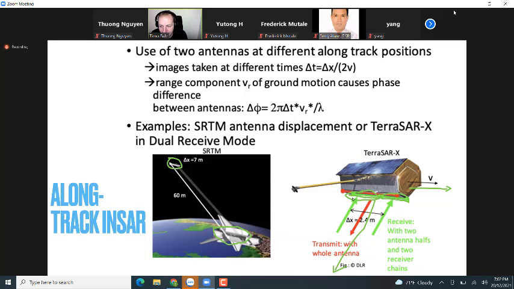And so by using antennas that are separated along the track, along the motion, we can measure motion differences, phase differences caused within a very short time. So very fast moving objects, and we have some examples of that.